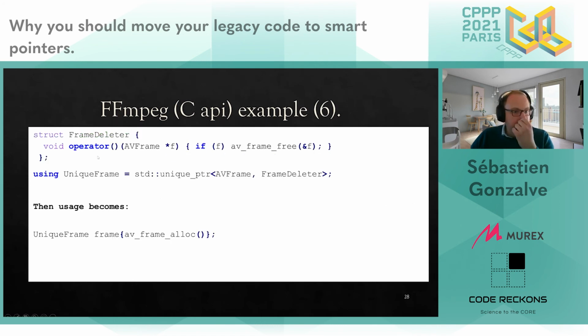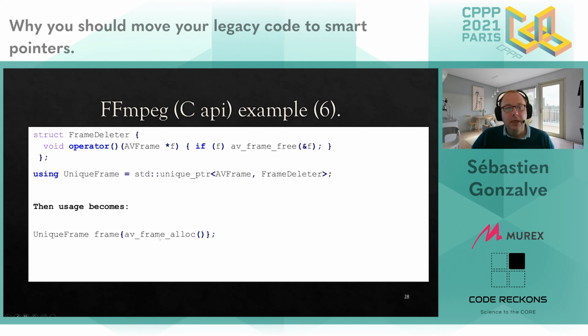So what you can do is create a frame deleter object that you will use in the type of your unique pointer, passed here as a functor, so that when writing in your code, you just use the typedef you create here and create a frame that allocates things via the FFmpeg API, but remains a unique pointer which will be deleted and all the stuff.